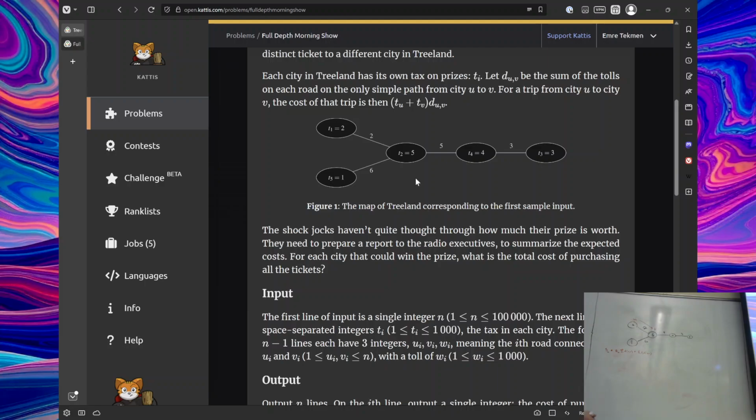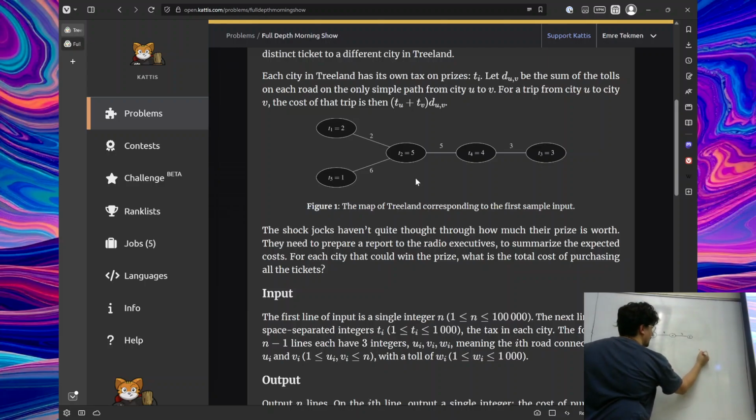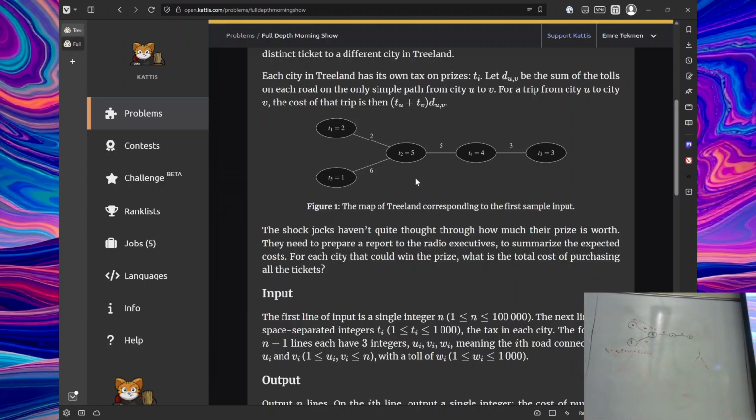Now this is an unusual way to draw a tree, but if you just imagine drawing it instead like this, it's pretty obviously a tree, right? You can see this is u, and this is our v. When we slide from u to v, actually, I'm going to switch u and v to make the example more illustrative.